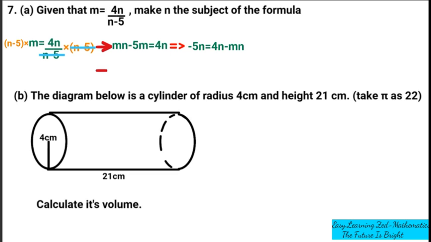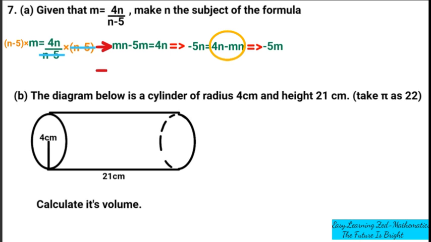Once we have done that, the next thing is to factorize those two terms in the brackets. So I'm going to write negative 5m is equal to, so what is common in those two terms, 4n and mn? They have got n.